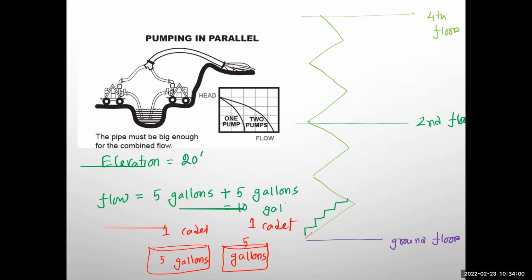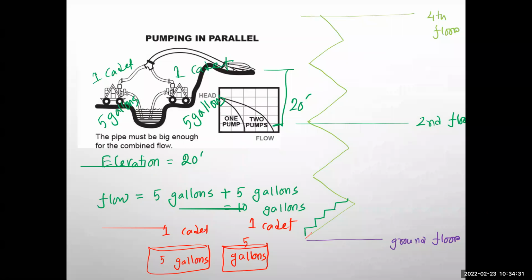Exactly the same thing here. This is one cadet, and they both are carrying 5 gallons, but they are only traveling this 20 feet. So are they working in series or parallel? Series. Sorry, parallel. They're working in parallel, right?